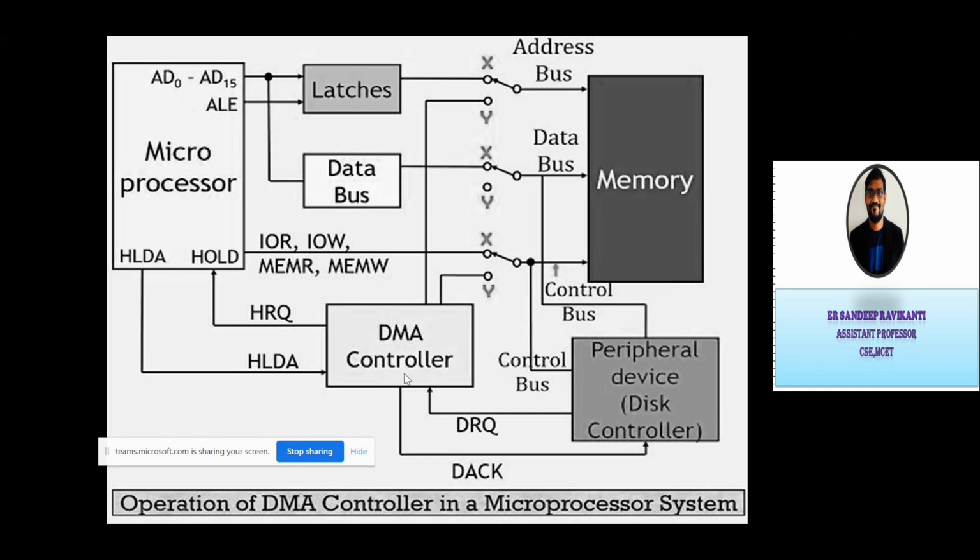These are the signals related to the input output peripherals and the memory mapped IO. So all these things I will discuss in the next session. In the next session, I am going to cover the pin and the block diagram of the DMA controller.